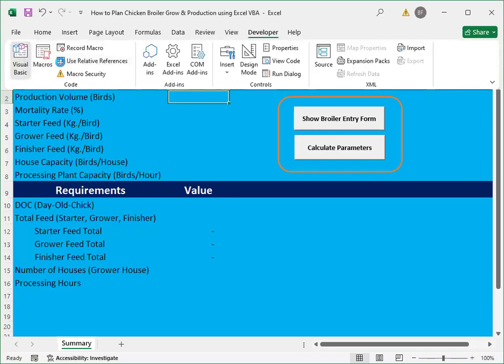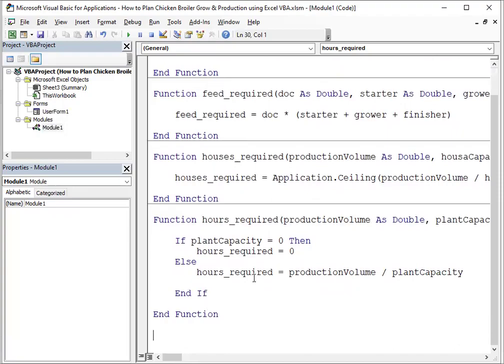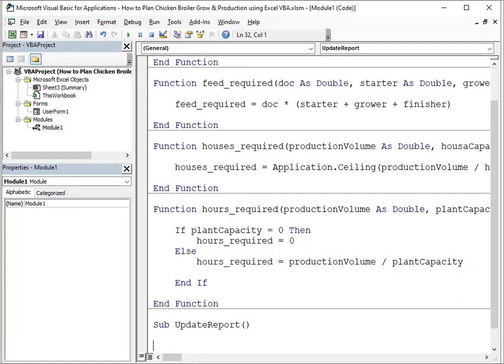Therefore, I'm going back to Visual Basic. Then the macro would be called report. So Sub Update Report. That would be our macro.